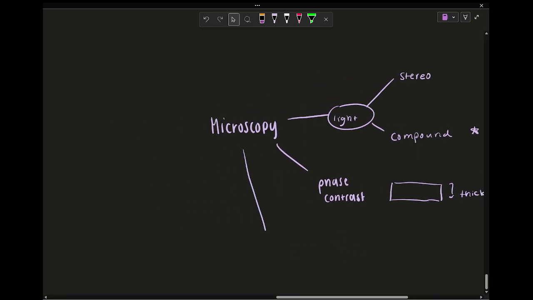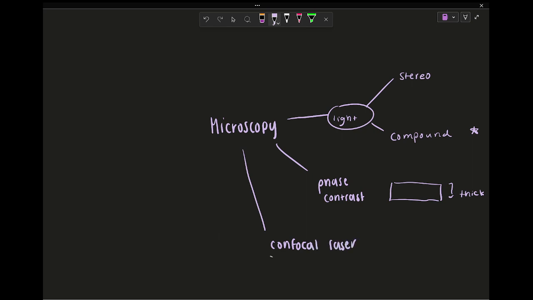Let's continue. We can do the confocal laser scanning, scanning plus fluorescence.